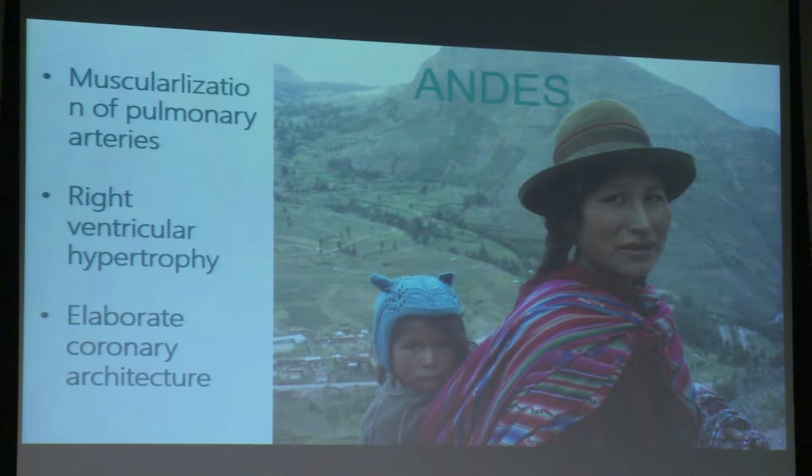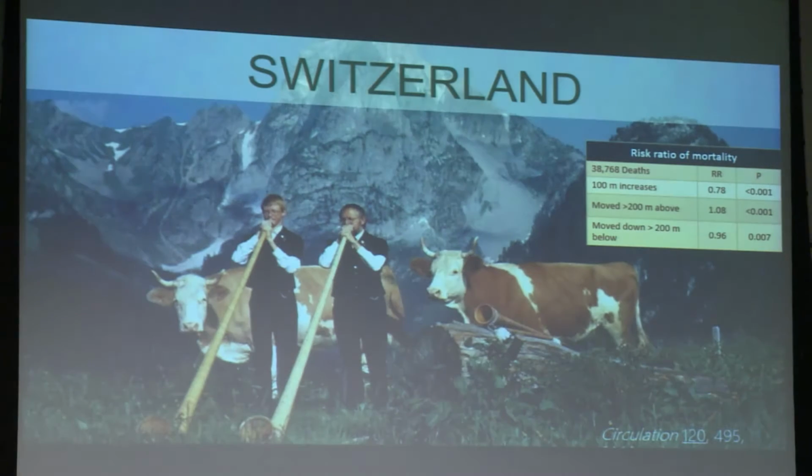This effect of the environment can appear at birth, but can also be momentarily induced. Perhaps when people are born at high altitude, they maintain the advantage even when they move to lower altitudes. A study from Switzerland shows that for every 100-meter increase in altitude, the RR decreases from 1 to 0.78.